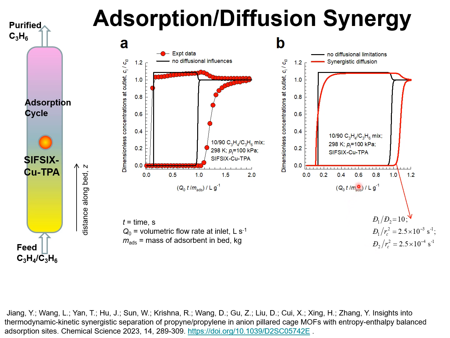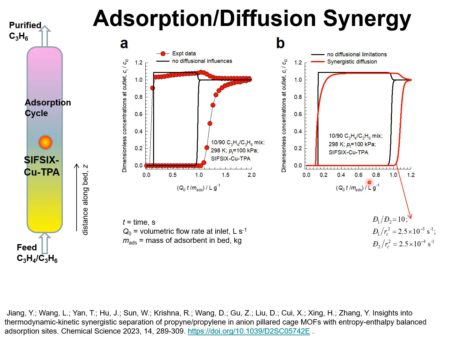Due to the synergy between adsorption and diffusion, the gap between the breakthroughs of propene and propyne is wider than in the simulations in which intracrystalline diffusion influences are considered to be negligible.